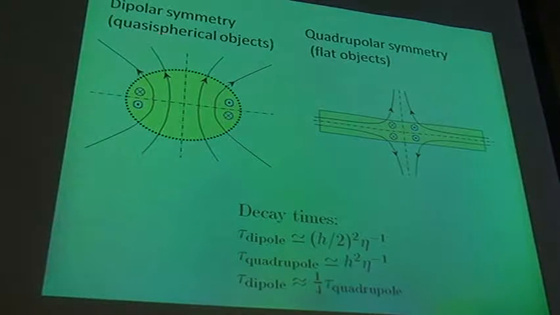So, quasi-spherical objects, like the Sun or the Earth, are characterized most often not by pure, but still predominant dipolar symmetry. Why do flat objects like accretion disks, perhaps, and galaxies have even symmetry? This comes from a simple fact, from the thinness of the disk. Just to make this argument simple, let's consider the magnetic decay time of these two configurations.